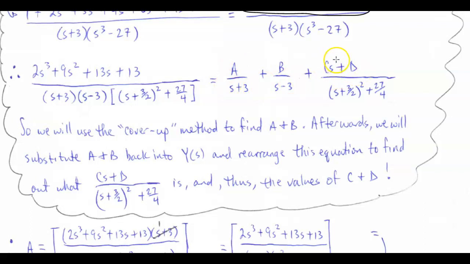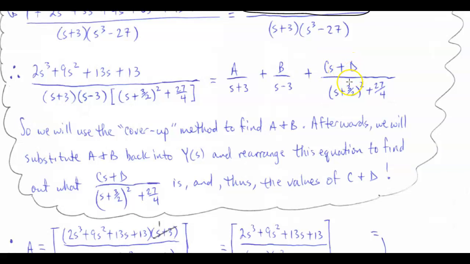Once we're done with that, since our numerator here is a two-term numerator, instead of breaking this out and trying to figure out what C or what D would be, and then turn around and redo everything to find C, I'm just going to stop at that point and do the algebraic manipulation.